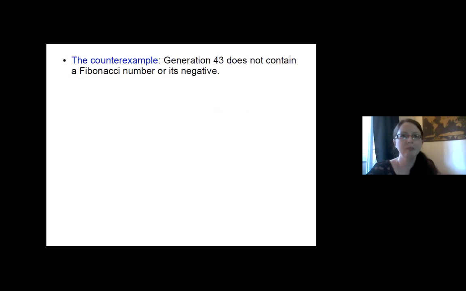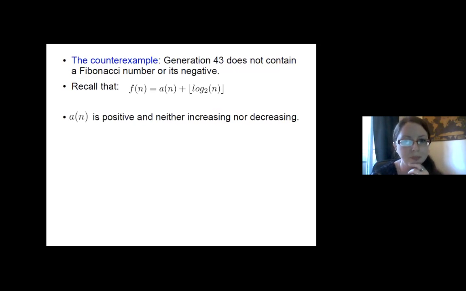Okay, so we're going to look at proving that generation 43 does not contain a Fibonacci number or its negative. And it's pretty simple to see. If we go back to the original formula, we have A of n plus the floor of log 2 n. Now, An was that sequence that's counting the binary runs.